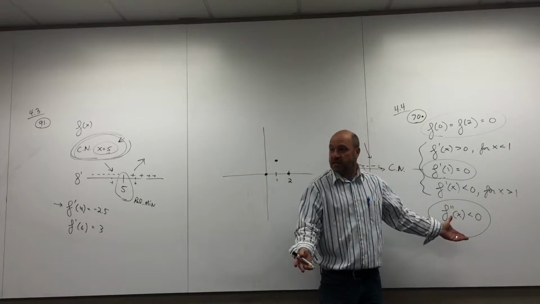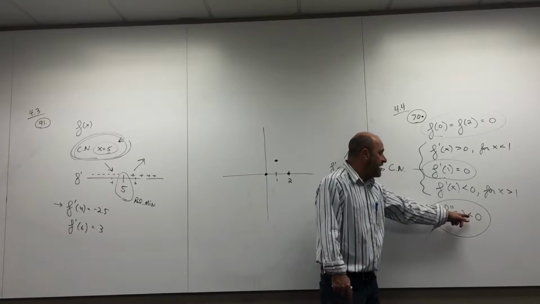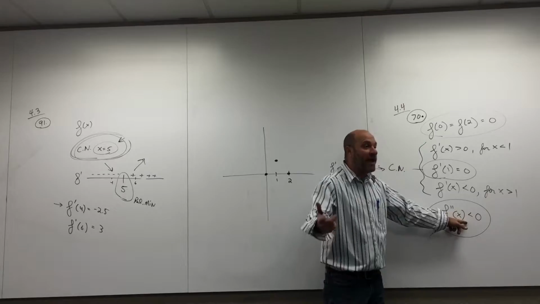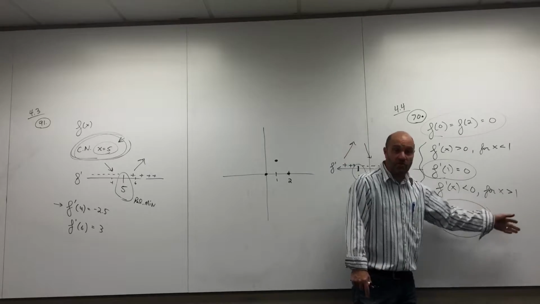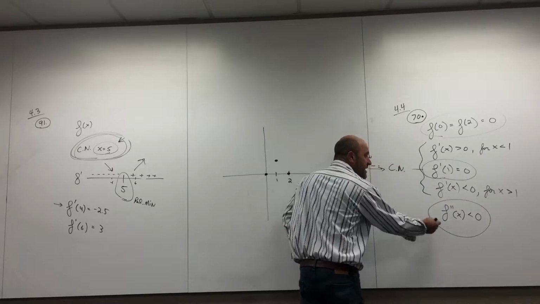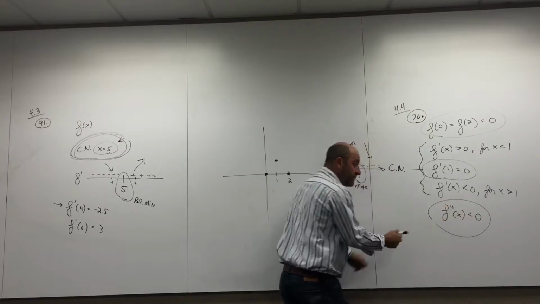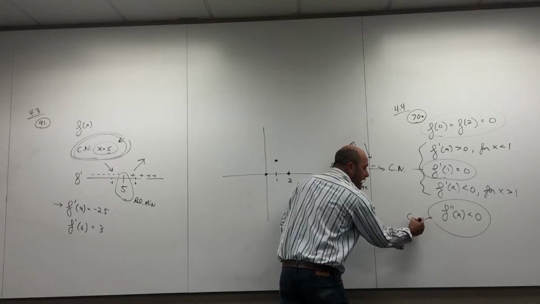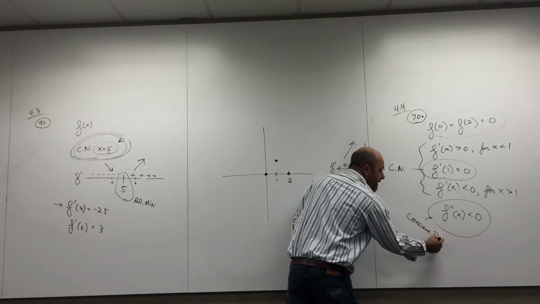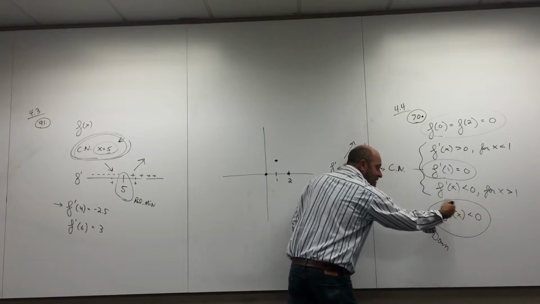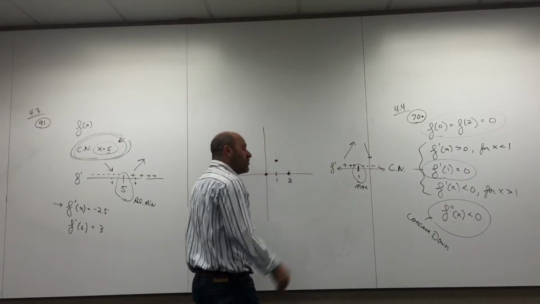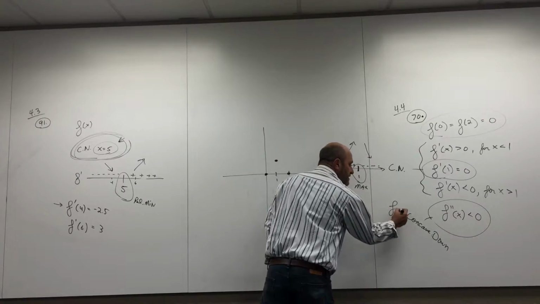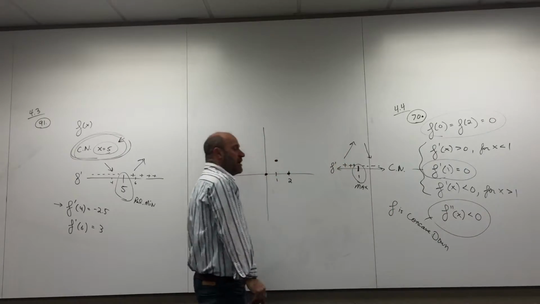No, it didn't. It means it's concave down always. It says the second derivative is negative, basically always. So f is concave down. The function is concave down.